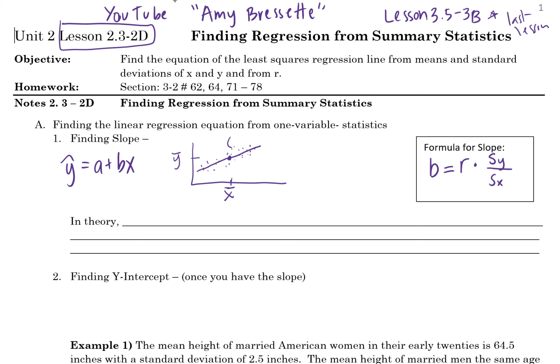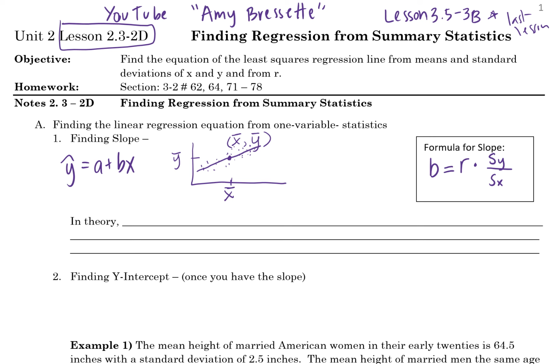And so what we are assuming, and it is definitely an assumption, not a perfect fact, is that if x is an average value, it's going to match with the average value for y. So that's the idea behind this.